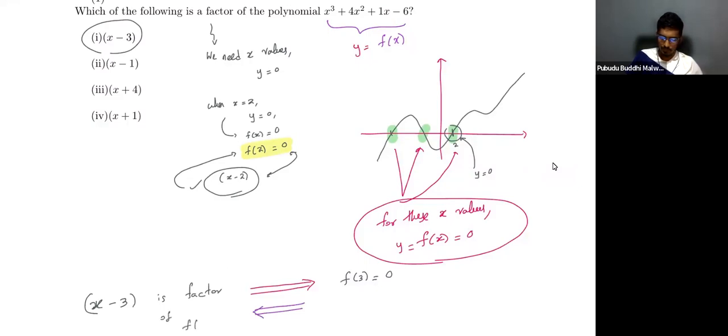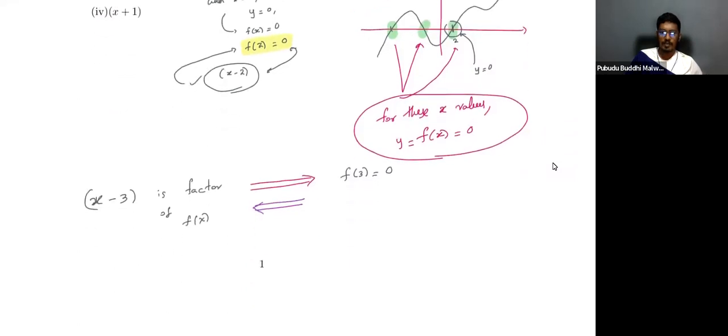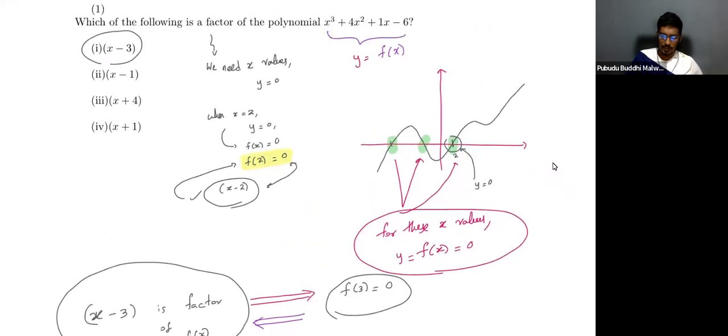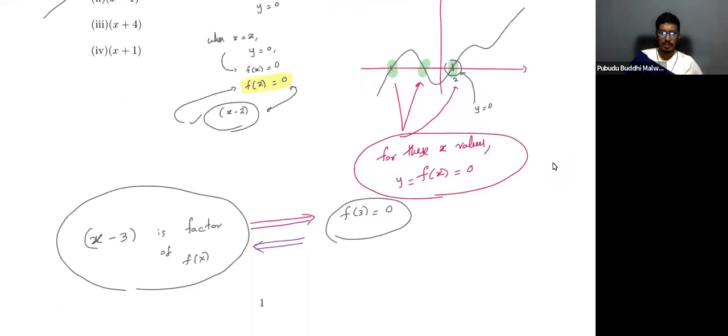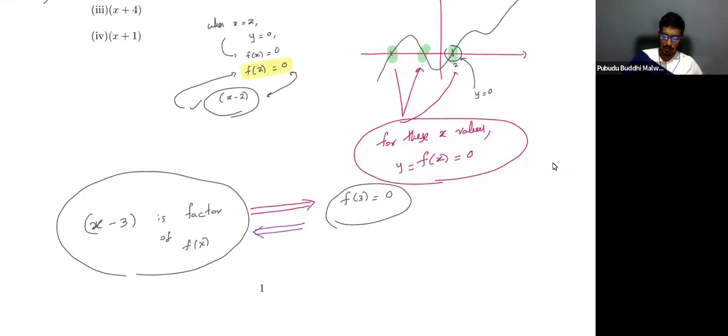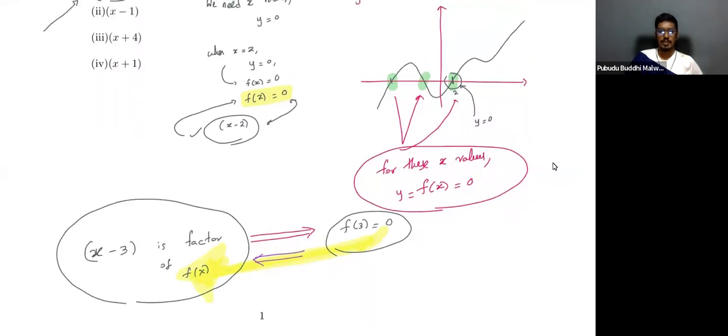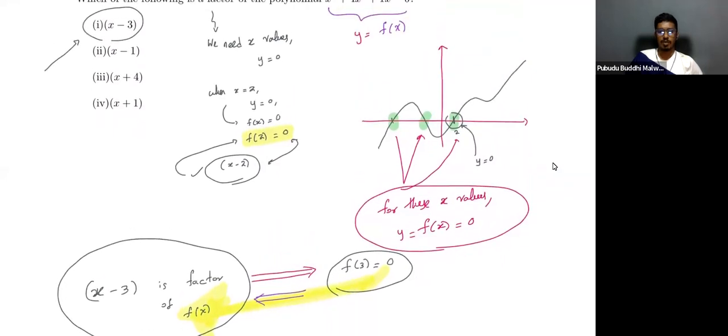So now for this question, I think we want to determine whether x minus 3 is a factor or not. Hence, I think we should follow this direction, isn't it? Because we want to determine whether x minus 3 is a factor or not.